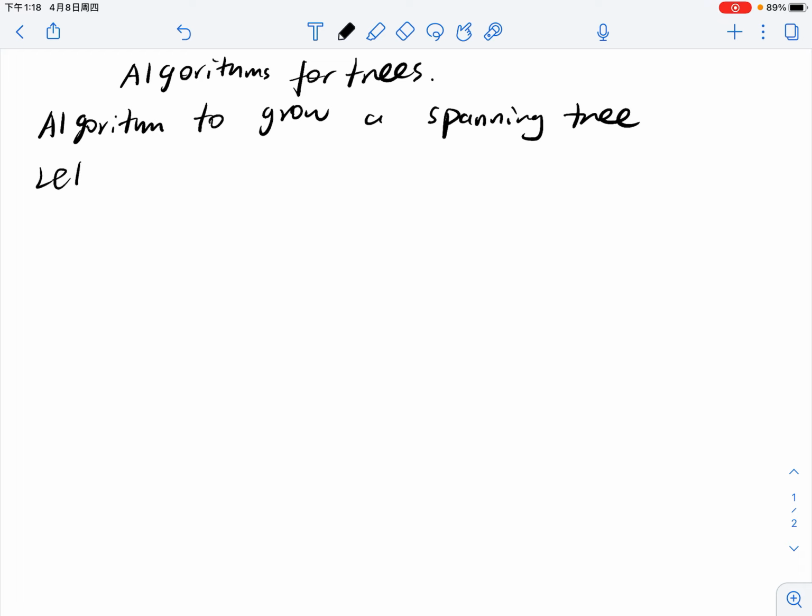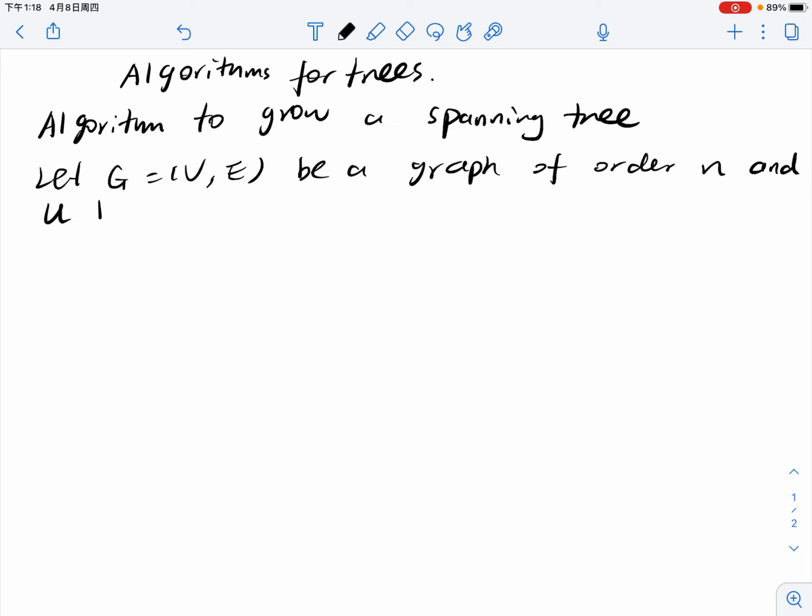Let G be a graph of order n, and u be a vertex.